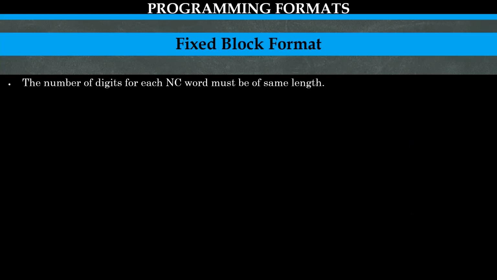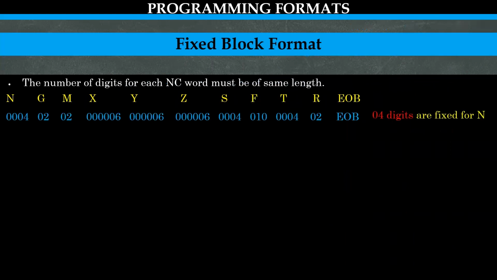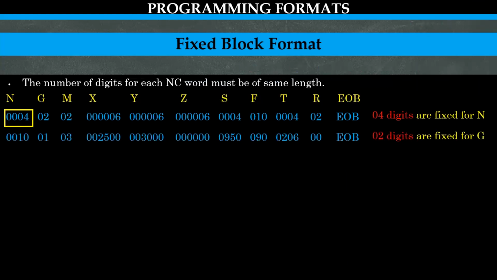The number of digits for each NC word must be of the same length. For example, 4 digits are fixed for N word. 2 digits are fixed for G word.